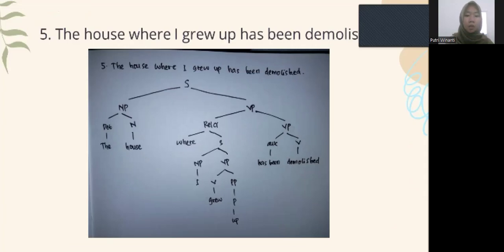For the relative clause, where the sentence, noun phrase and verb phrase, the noun I, and VP verb, then prepositional phrase. The verb is grew, the preposition up, and for the VP, auxiliary and verb. Auxiliary has been, the verb is demolished.